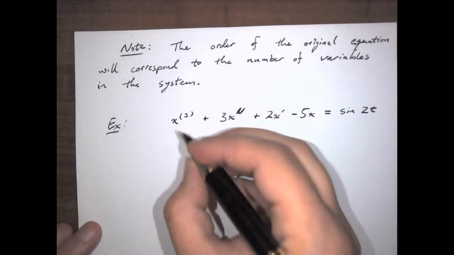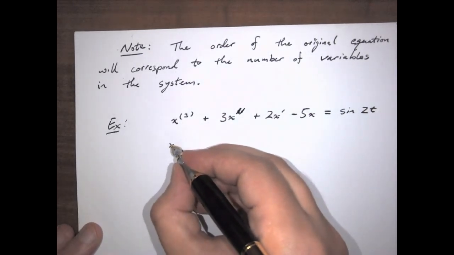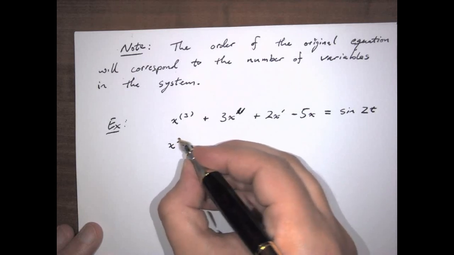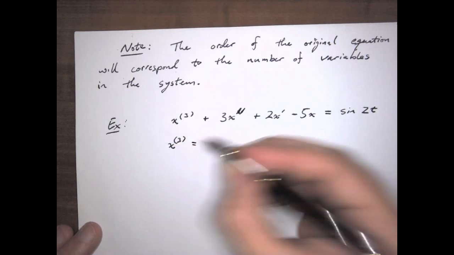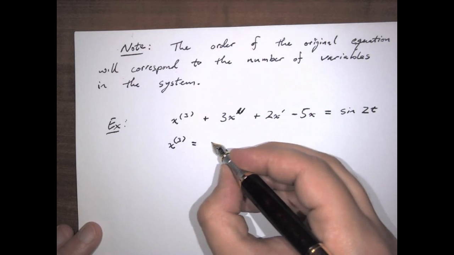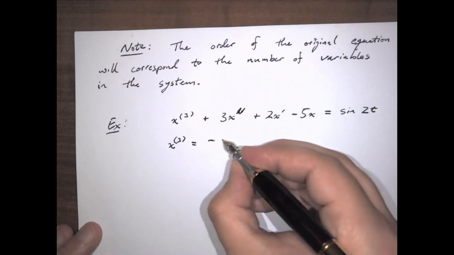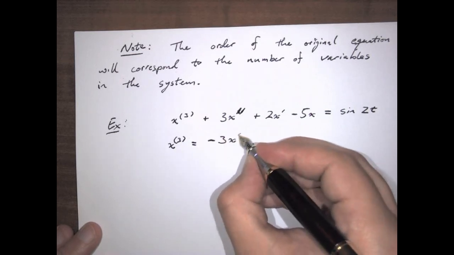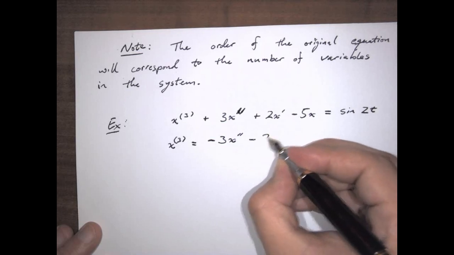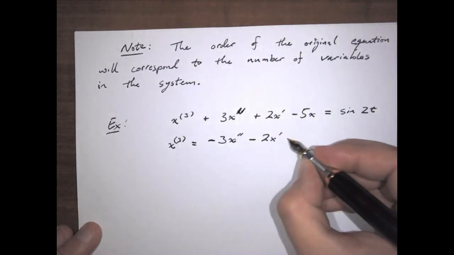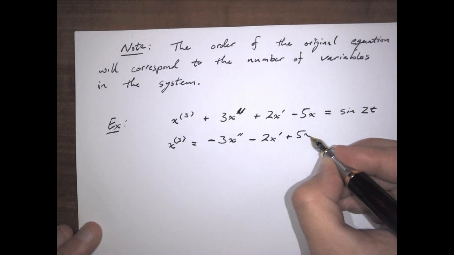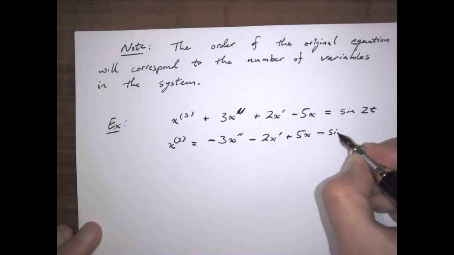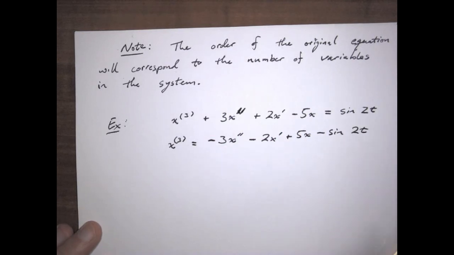So we are going to want to first rewrite this in terms of its highest derivative, so the third derivative of x is the same as negative 3x double prime minus 2x prime plus 5x minus sine 2t.